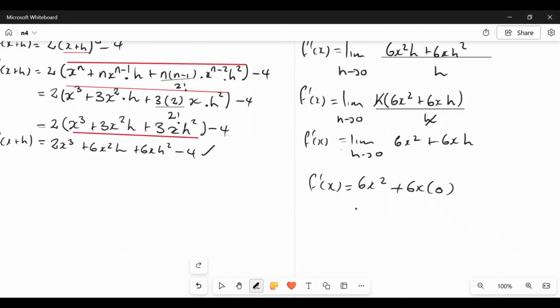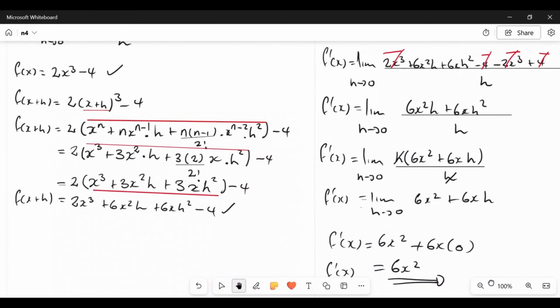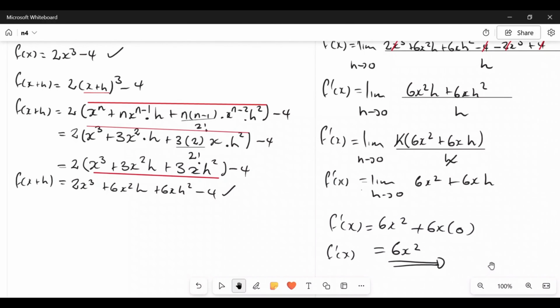There we go. So our final answer, f prime of x, is going to give us 6x squared. This is how you're supposed to do this question. Guys, this question was not that difficult. It was actually simple and straightforward. But I would understand if you didn't manage to get this because of the binomial theorem.